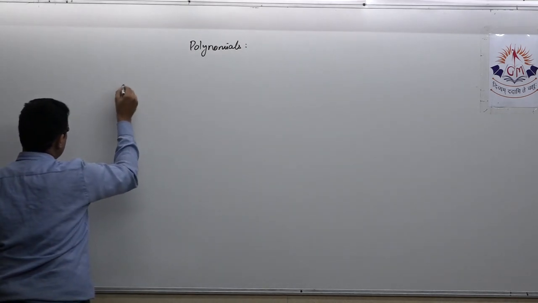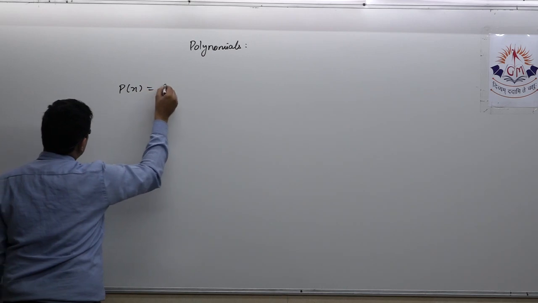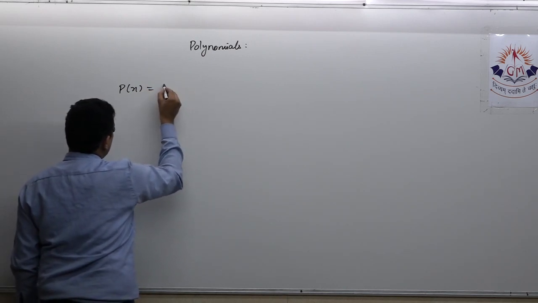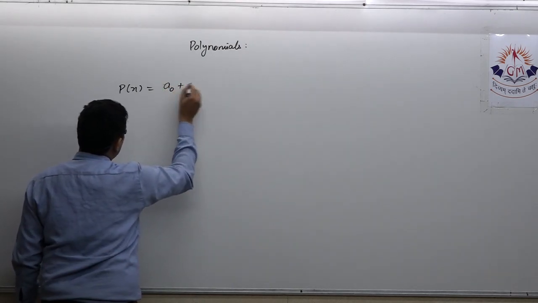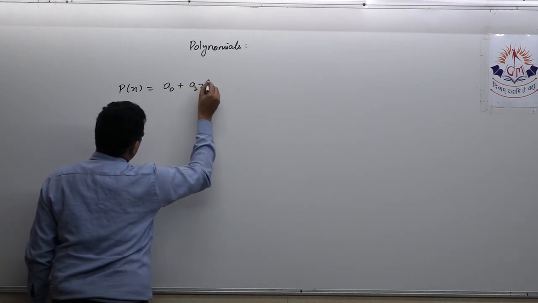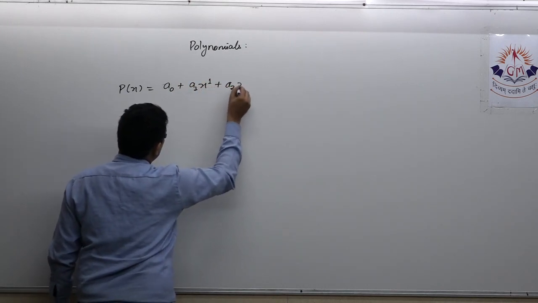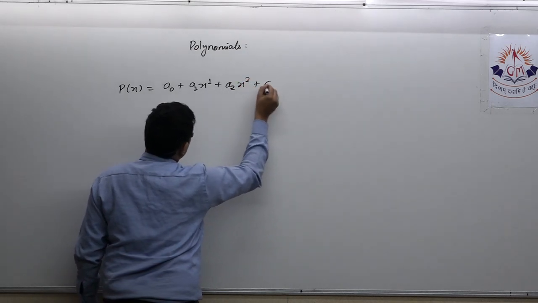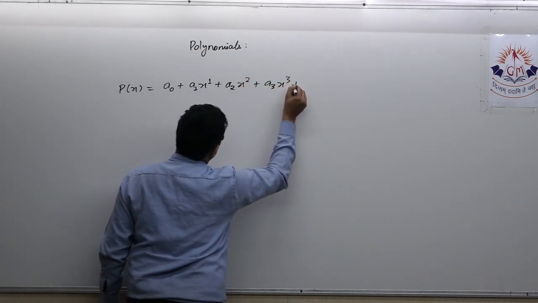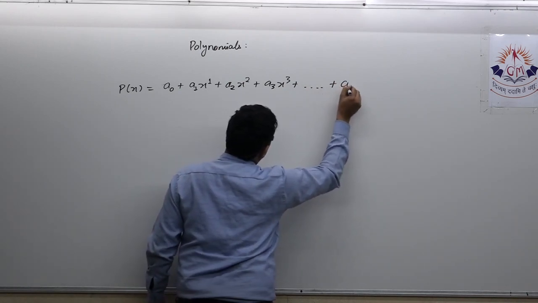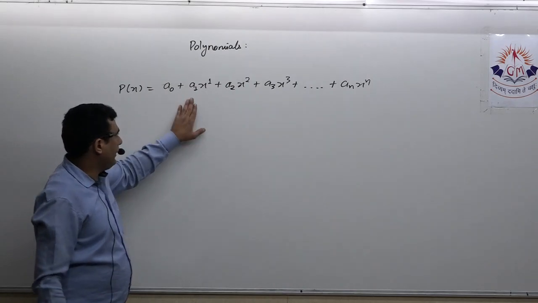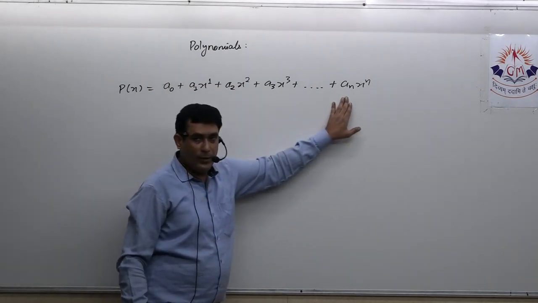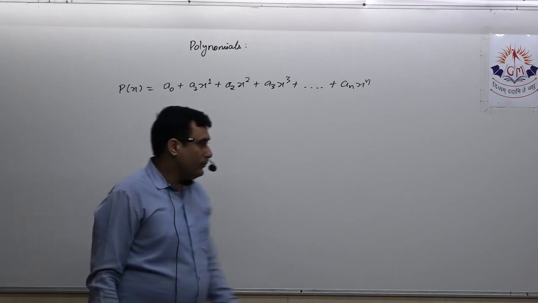See, any expression in this form, a0 plus a1 x raised to 1, a2 x raised to 2, a3 x raised to 3 up to an x raised to n, is called a polynomial, where a0, a1, a2, a3 up to an are real numbers.